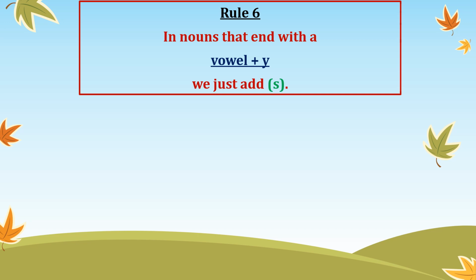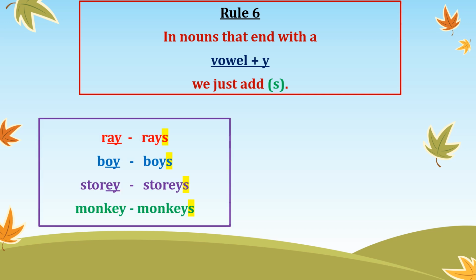To make it plural, all we need to do is to add S. So, according to this rule, if your noun is ending with a vowel plus Y, nothing gets cut. All you need to do is to write S to change it into plural. Let us see a few examples here.